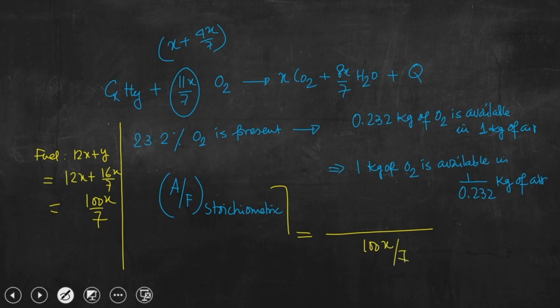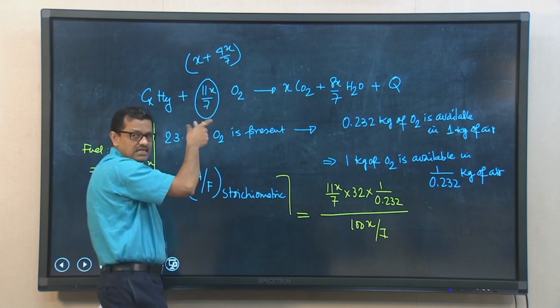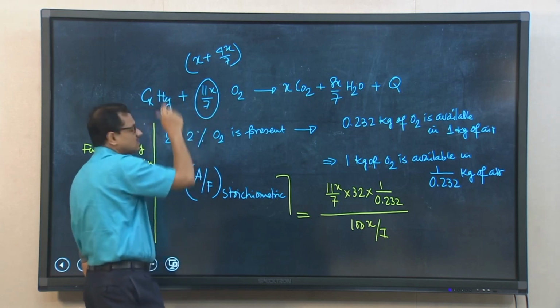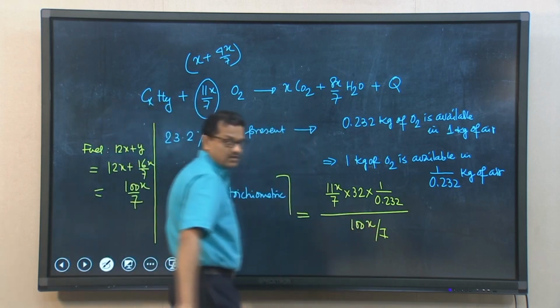And what about air? See, 11x by 7 kmol oxygen is needed per kmol of fuel. So, this 11x by 7 into 32 into 1 by 0.232. So, 11x by 7 into 32, that much oxygen is needed to burn this much amount of fuel, that is 100x by 7.